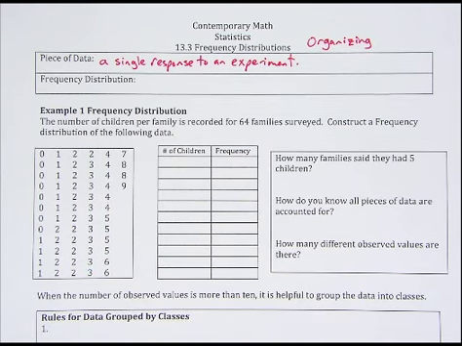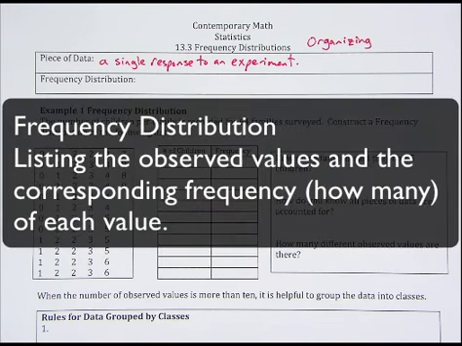And so one thing we can do to make this a little bit easier to understand is to use a frequency distribution. And so what this is, it's going to be listing every observed value and the corresponding frequency of each value.